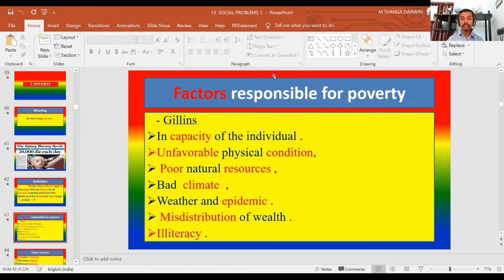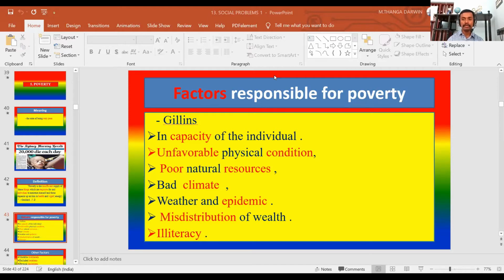Then poor resources, monetary as well as other resources. Next, important in India, climate change: 70% of India's population, the farmers, may suffer from poverty. Then epidemic diseases. Then misdistribution of wealth.